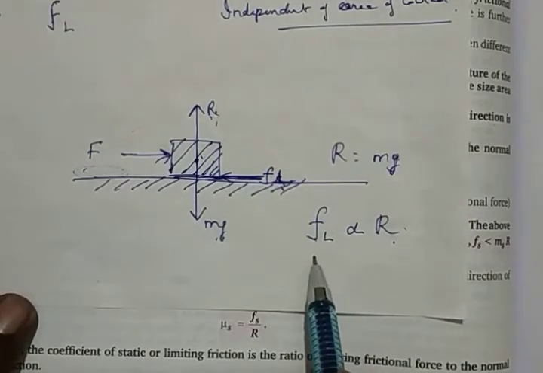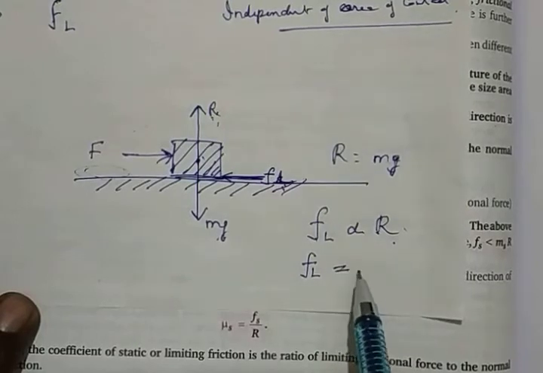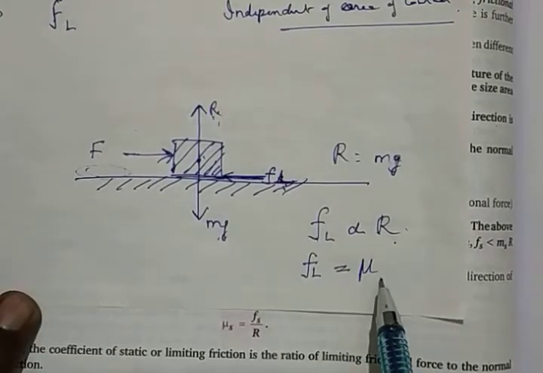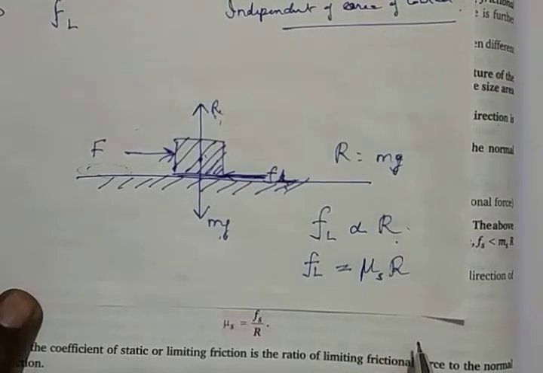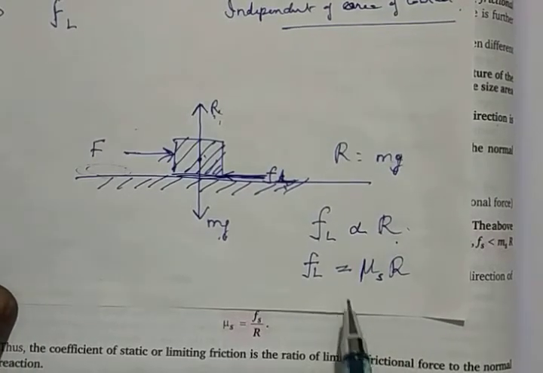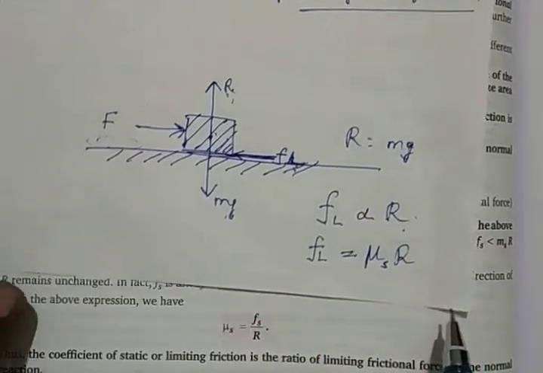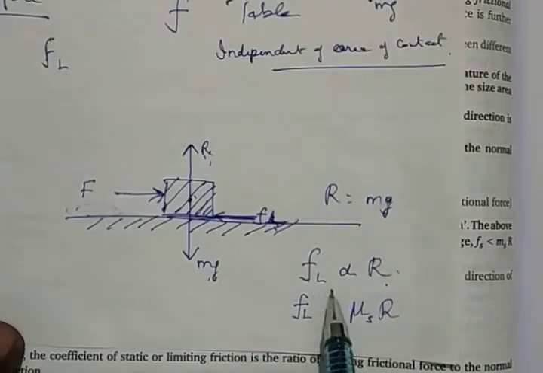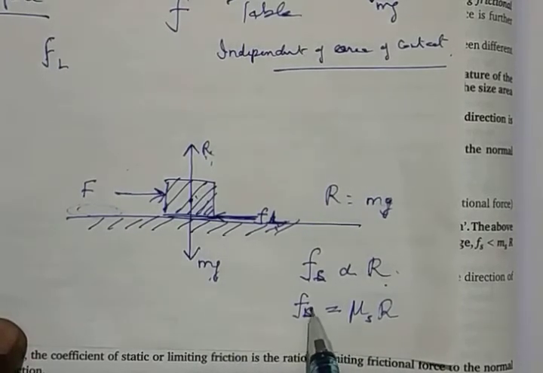Now let us remove this proportionality and put equal to, with the constant called mu s, times R. So this entire thing is called the static friction here. Instead of limiting friction, you can call it static friction also, the maximum static friction.